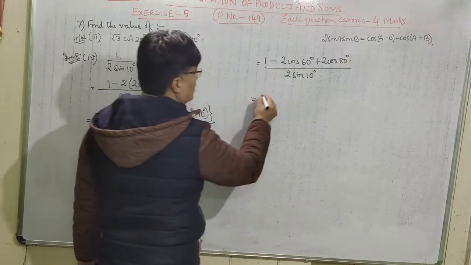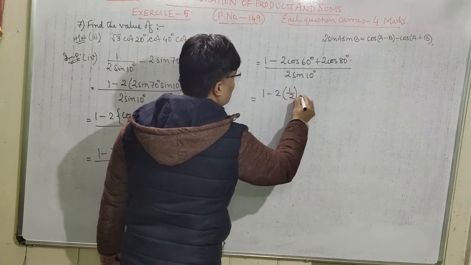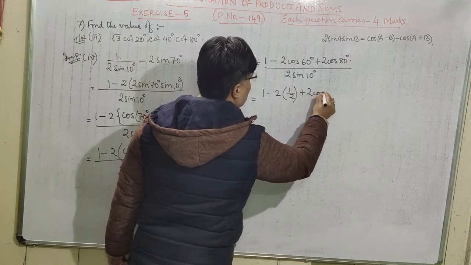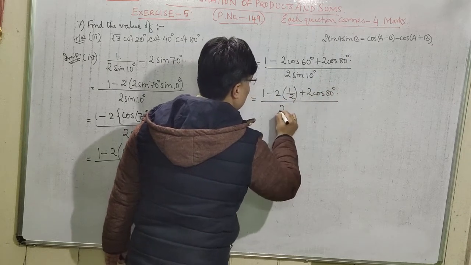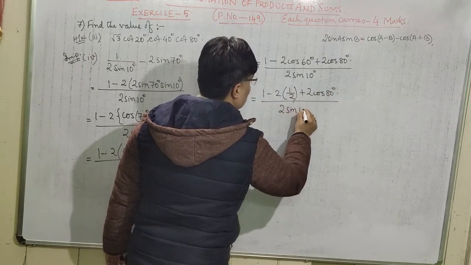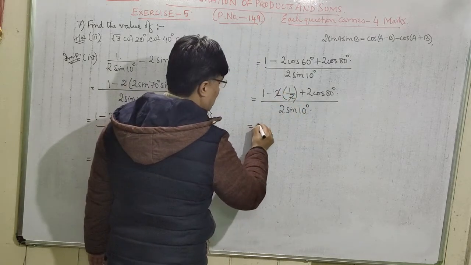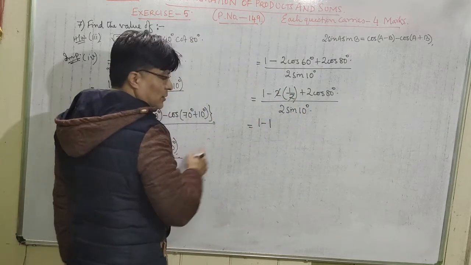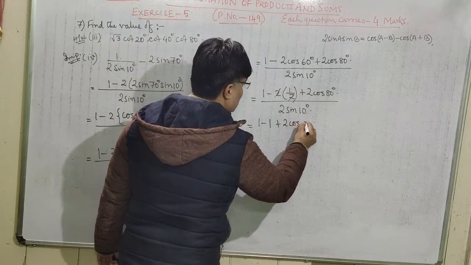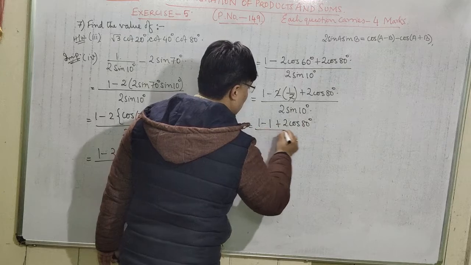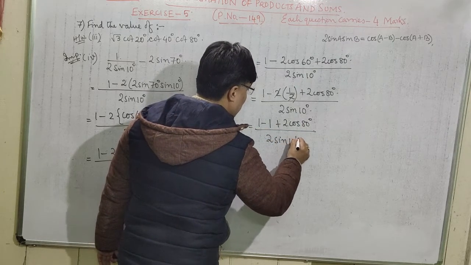So which is equal to 1 minus 2 into what is cos 60? Cos 60 is half, plus 2 cos 80 degree divided by 2 sine 10 degree. Here 2 gets cancelled. So it is 1 minus 1, isn't it? This is minus 1 plus 2 cos 80 degree divided by 2 sine 10 degree.